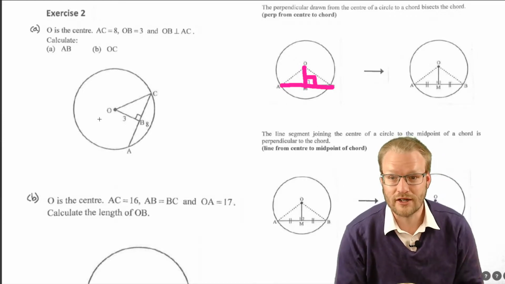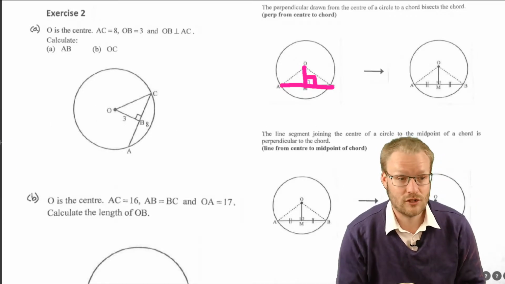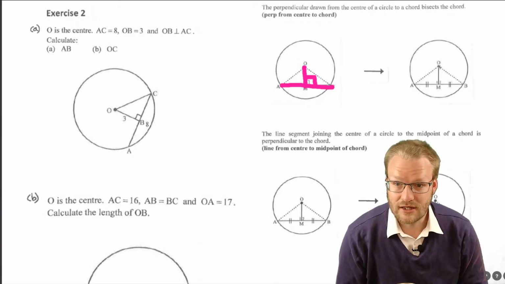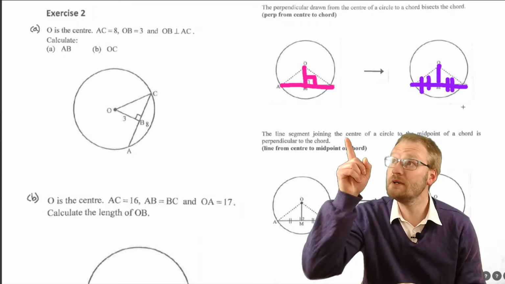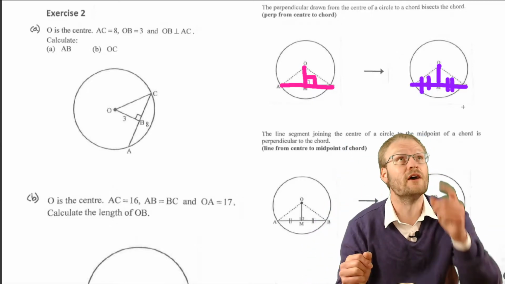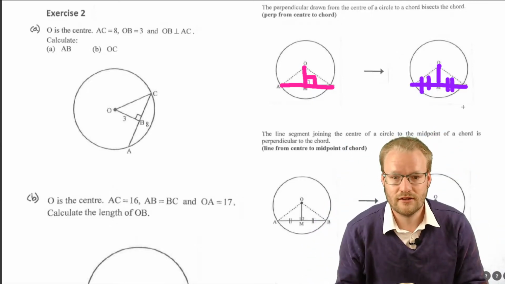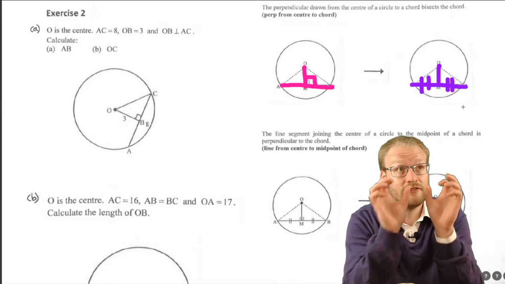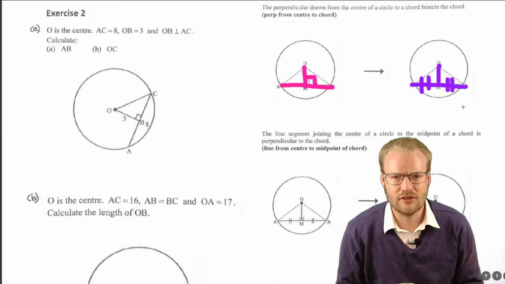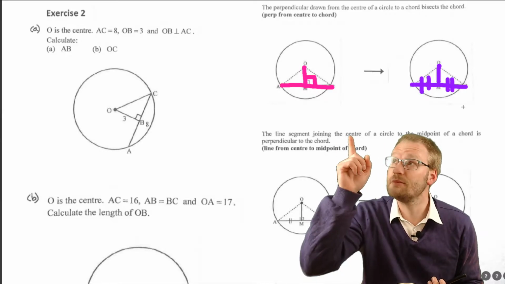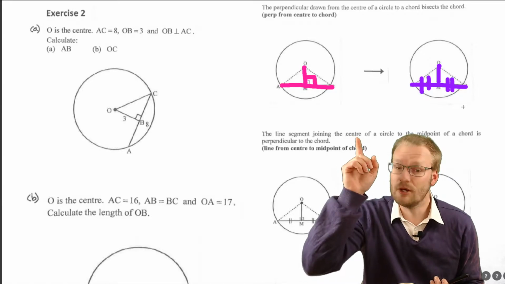If that's what we are given, then that line bisects the chord. In other words, this part is equal to that part. We're given that it's perpendicular, and from there we know that it cuts the chord in half, each line segment is equal. The reason is perp from center to chord, because that's the bit we're given. We're given that it's perpendicular.